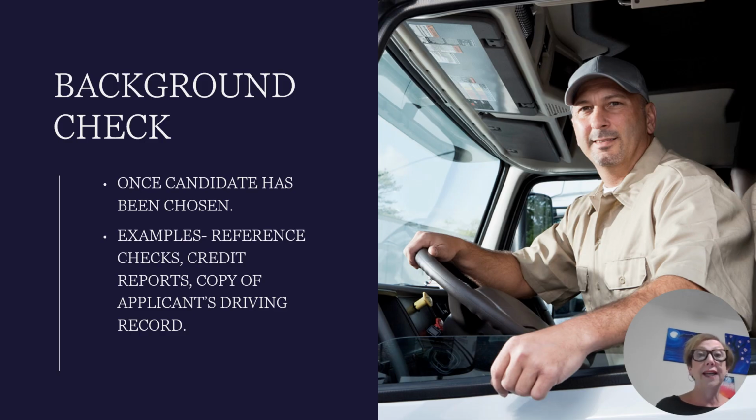Once you have chosen a candidate, the background check is next. Depending on the position, some examples could include reference checks, credit reports, or a copy of the applicant's driving record.